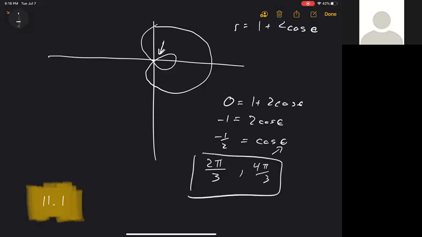And you see those are two angles where this curve intersects the origin. So maybe at 2 pi over 3, I'm here. That's where I first intersect that origin. And then I continue around this way. And then at 4 pi over 3, I'm back to that origin. So that tells me this area would be the integral from 2 pi over 3 to 4 pi over 3. And then the rest is just my formula, 1/2 times f(theta) squared d theta.